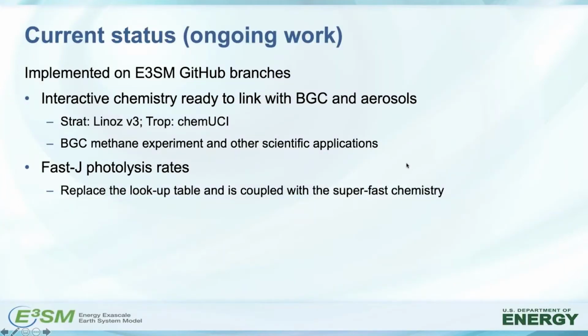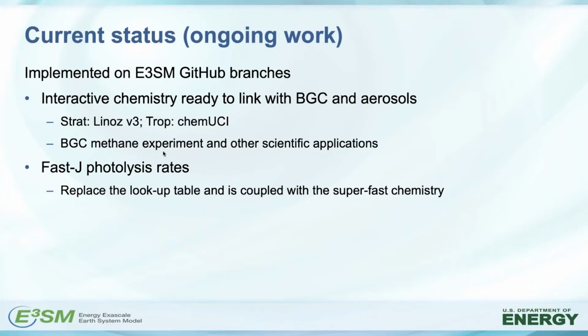Our current status is that we spent significant effort in the code development, and not long ago, all the major pieces finally landed on the E3SM GitHub branches, including the chemistry and the radiation. For the interactive chemistry, we have updated Linoz to version 3 in the stratosphere, and enabled the UCI chemistry in the troposphere, and it is ready to be linked with the BGC experiments, such as the methane experiment and other scientific applications.